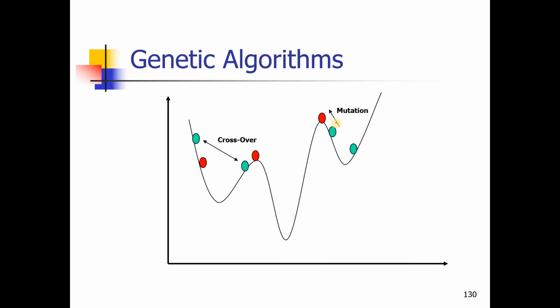There was some probability, so crossover or mutation occurs and some new states are created. Then we evaluate them and select the best ones, the ones that give us the best value.